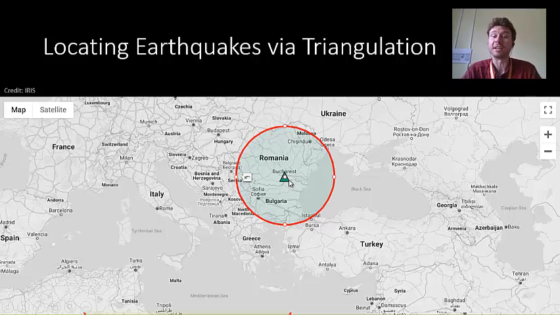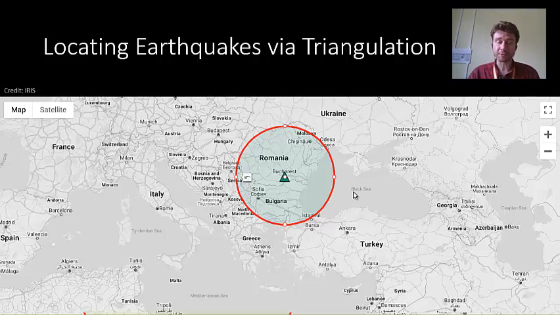So for example, in Europe, if there's a station in the Romanian city of Bucharest that recorded an earthquake at a certain distance, you could plot a circle around that station in order to interpret where this earthquake might have occurred.